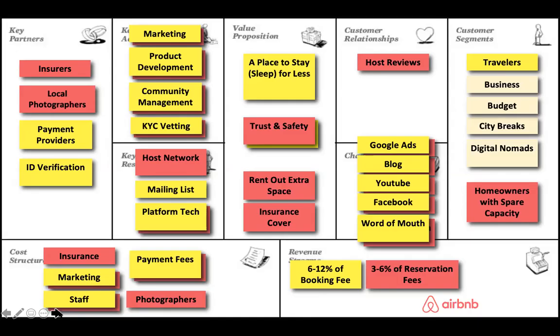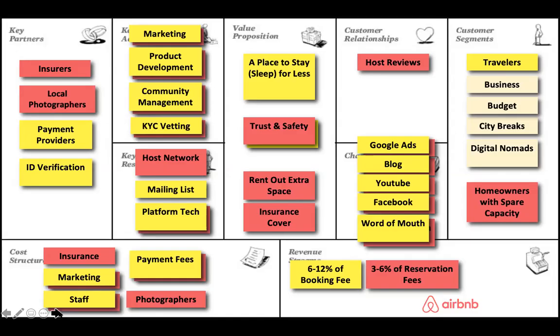On top of that, we're going to provide them with some other services that will make their life easier, such as photographers who will make their entry look really interesting and exciting, and we will take care of this whole looking for the travelers problem. So that's really the key of this value proposition.